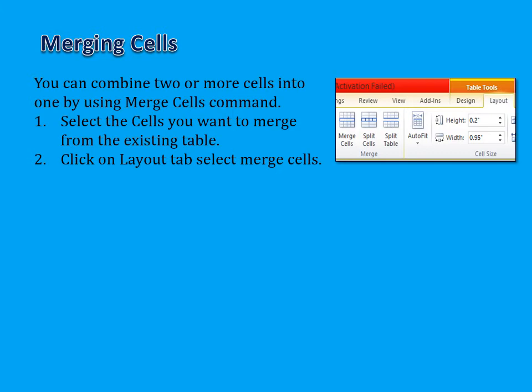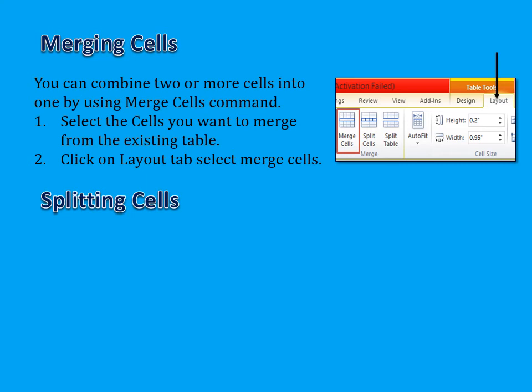Once you select the cells, the new tab opens up, table tool tab, the design tab and the layout tab. Click on the layout tab. This is the layout tab, and click on the merge cells. The selected cells will get merged.